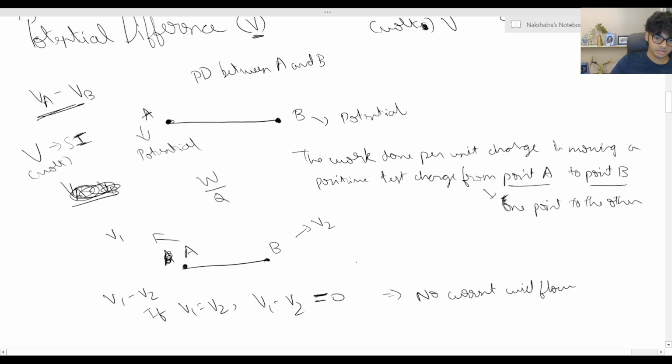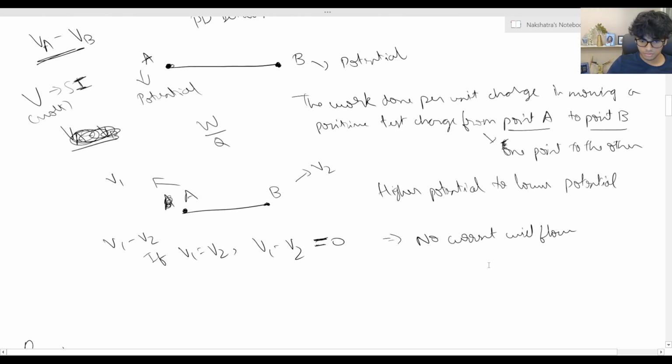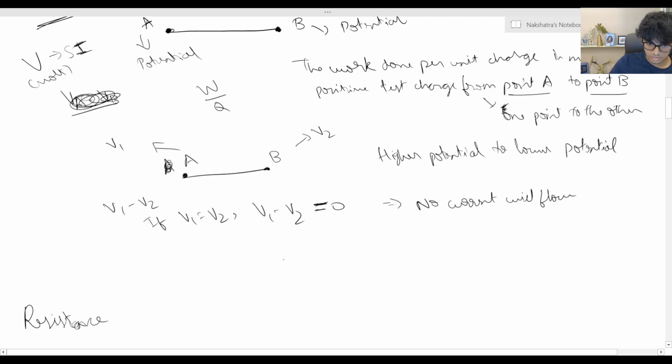Okay, and current will always go from higher potential to lower potential. Like how, if you have a cell, you will have one end which says positive, one end which says negative, right? So this side has higher potential, this side will have lower potential. So when we make a circuit, forget about this for now.